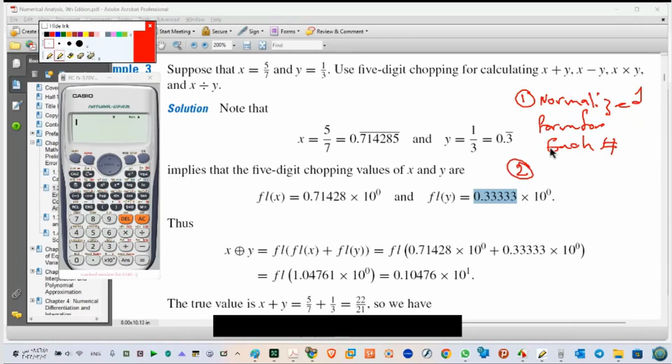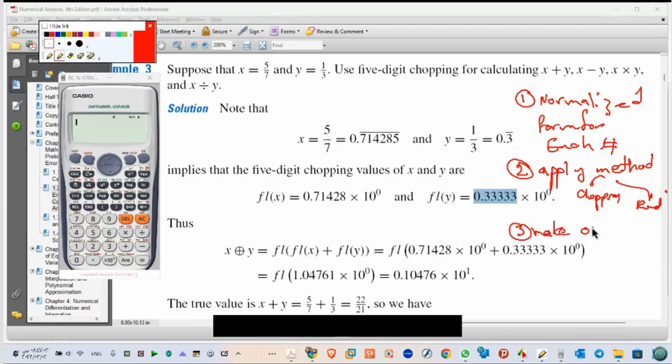Second thing, apply the method, chopping or rounding. Third, make the operation. Fourth, normalize again for the result.